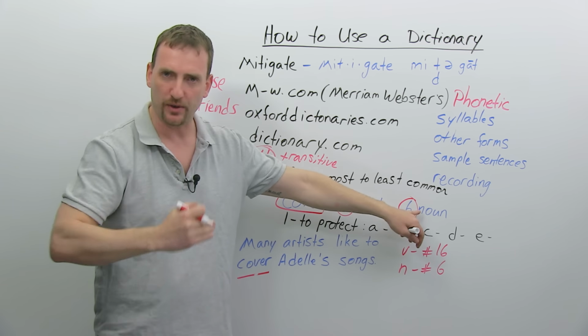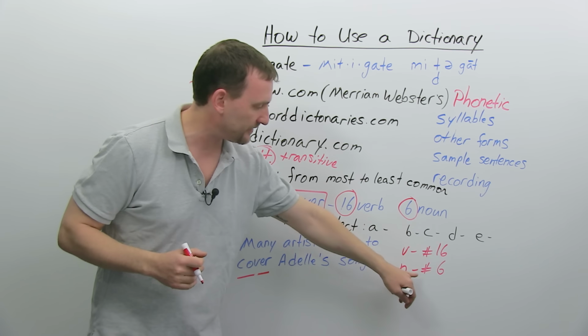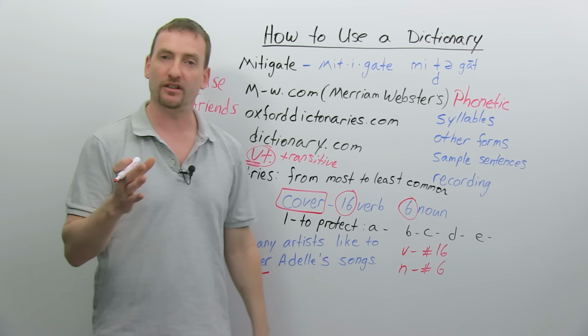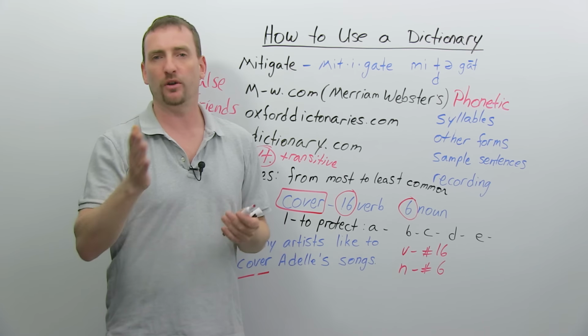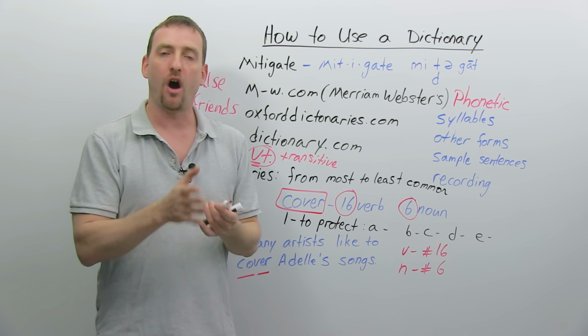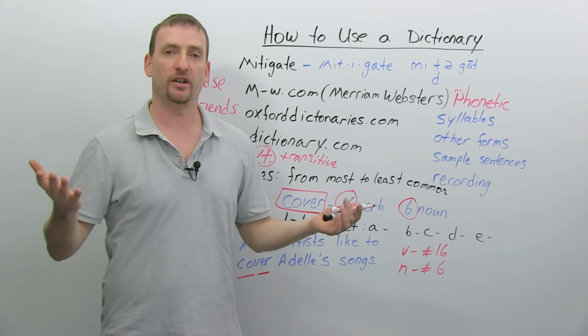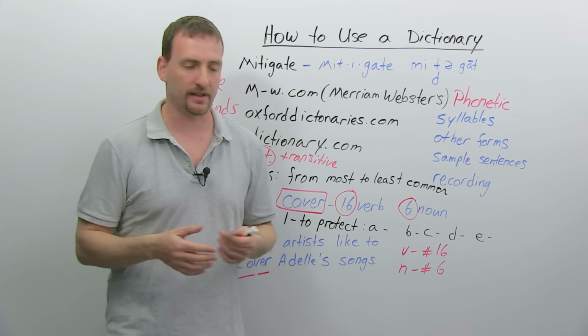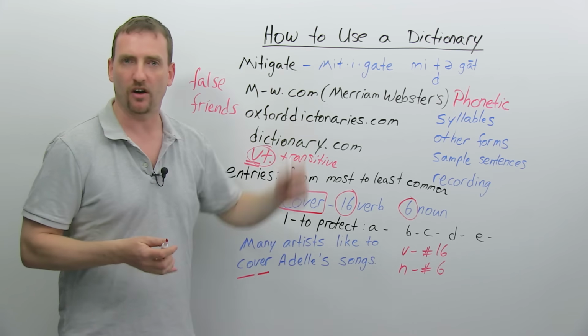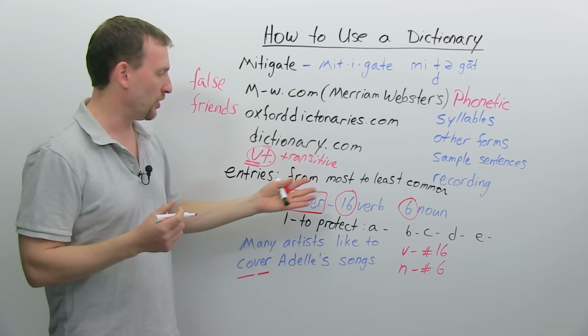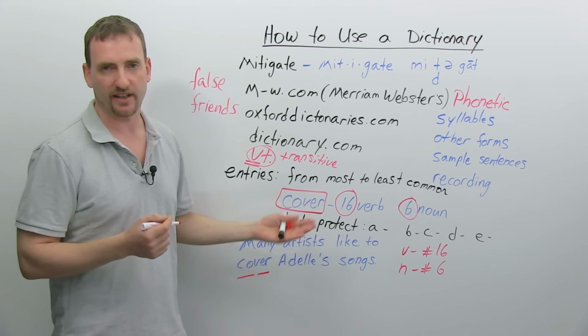So you go to the noun entries, and number 6 will tell you a cover is a recording or performance of a song already recorded by someone else. So there you go. You have a new understanding of the word cover. If you want, you go check all the other 15, and you know all the different uses of cover.